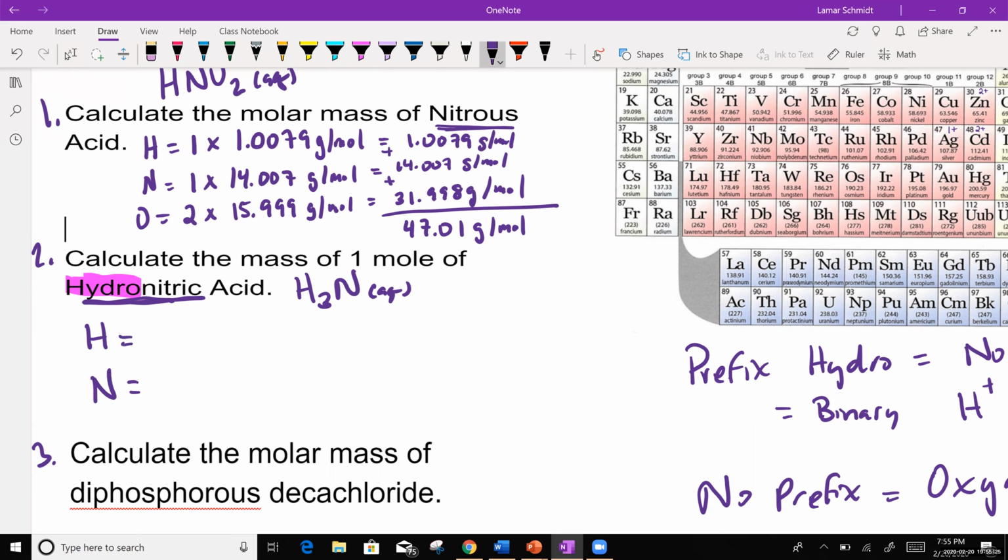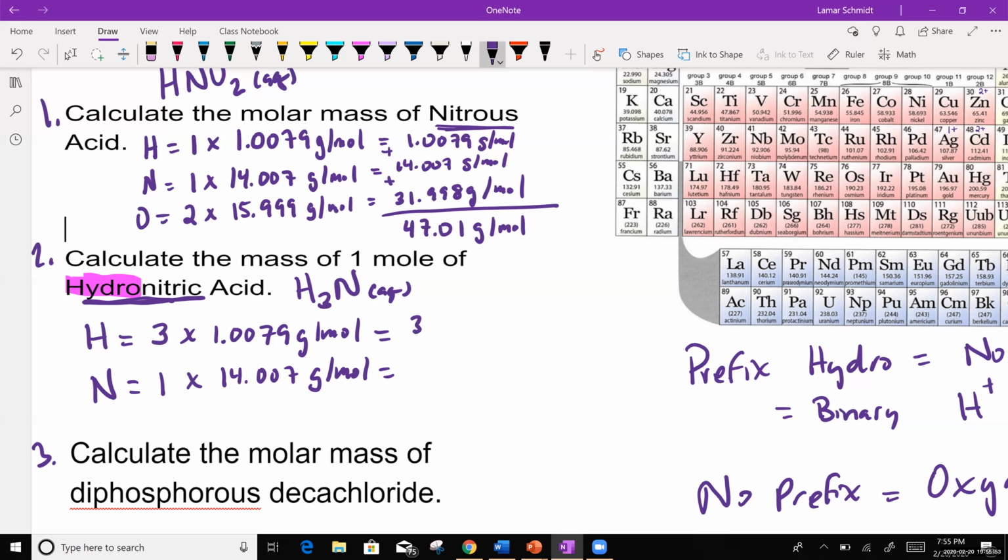How many hydrogen? 3. How many nitrogen? 1. So we take times the molar mass, and you find this on your periodic table. We just saw that in problem number 1. And you find the molar mass of nitrogen is 14.007. We just pointed that out in number 1. And you multiply these out.